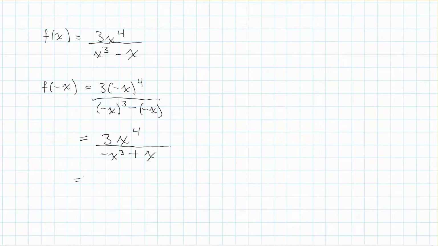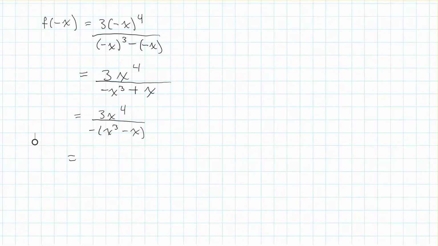I'm going to factor out a negative 1 there. So I'd have negative times x cubed minus x. And then because I have a negative, I could rewrite this as negative parenthesis 3x to the 4th over x cubed minus x.